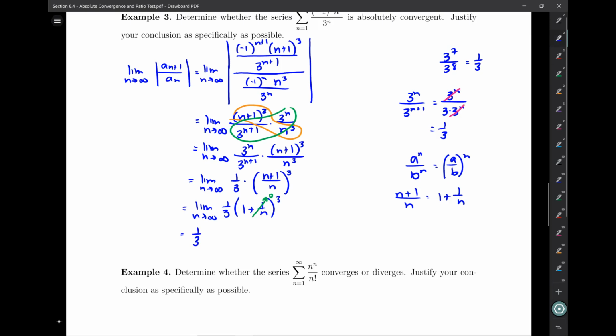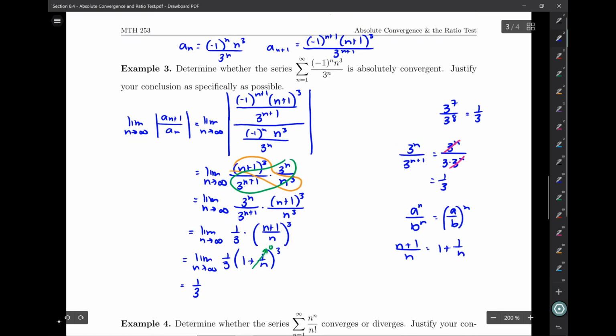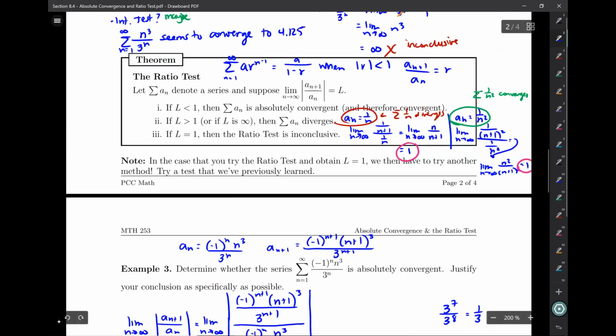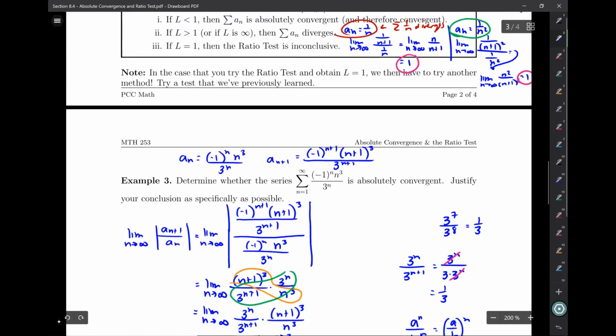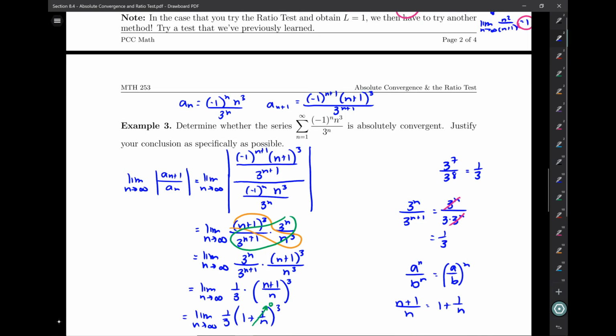Now let's think about what that means. We looked at the ratio of the n plus 1th term over the nth term as n goes to infinity, and notice that we got 1/3 when we were done. The reason we got 1/3 is that this series is going to start to look more and more like a geometric series, specifically the geometric series 1 over 3 to the n, which has a factor of 1/3. 1 over 3 to the n is the geometric series (1/3) to the n, so the r value is 1/3.